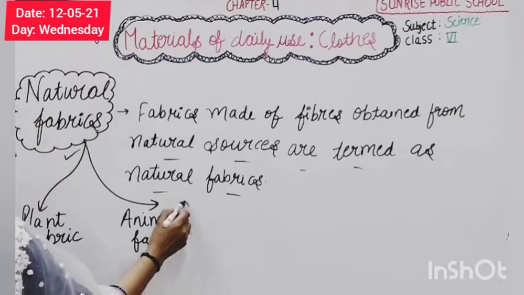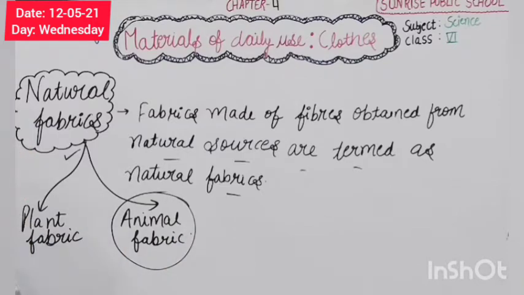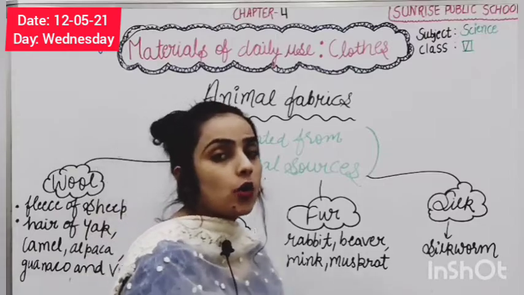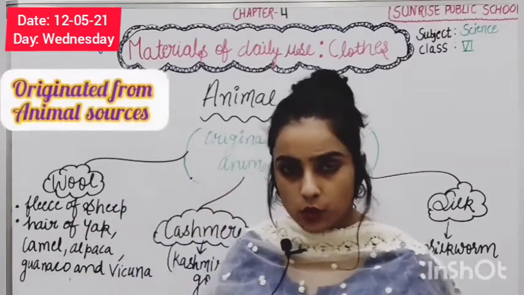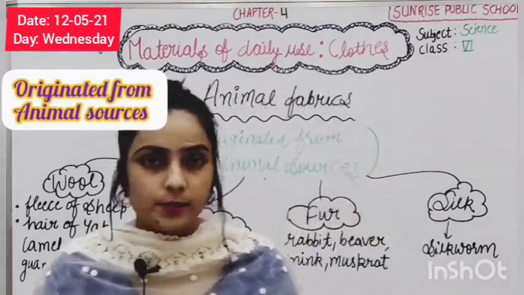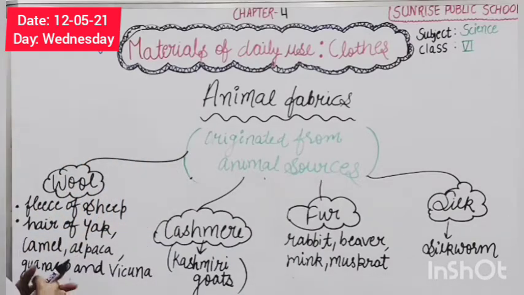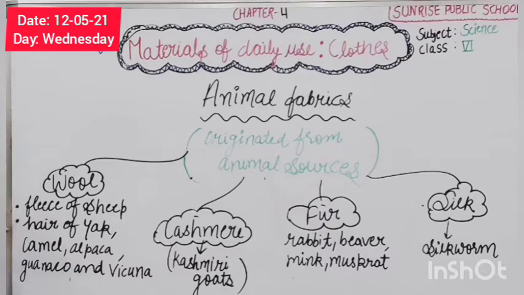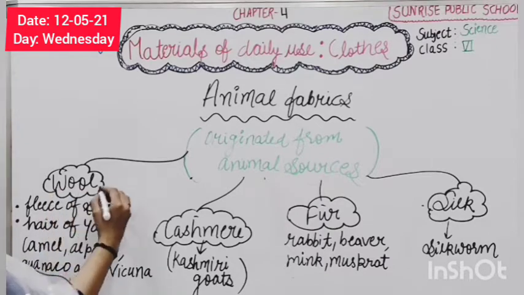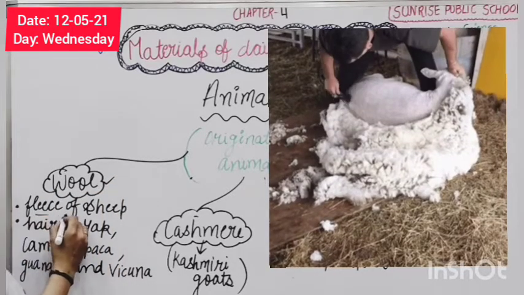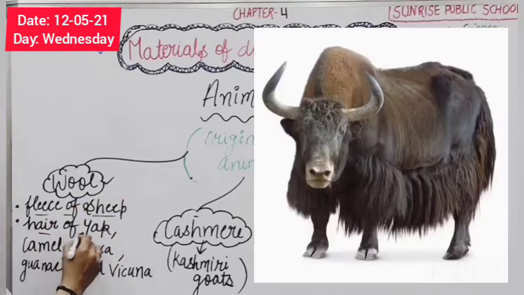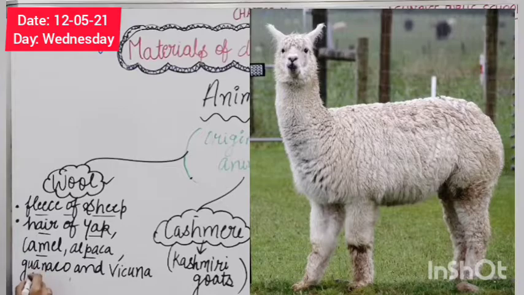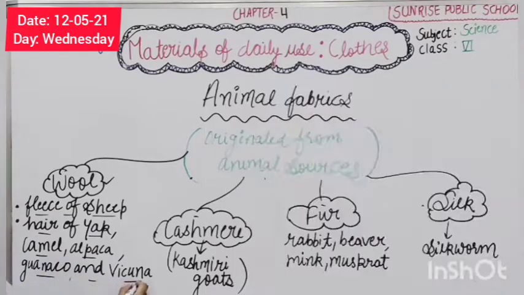So let's discuss animal fabric. Animal fabrics are those fabrics which originate from animal sources. Here are some examples. These are the 4 fabrics which are obtained from animals. Wool is obtained from the fleece of sheep, and the hair of yak, camel, alpaca, guanaco and vicuna.